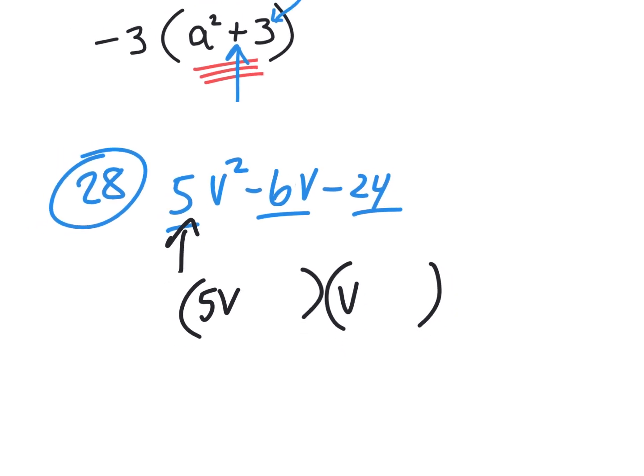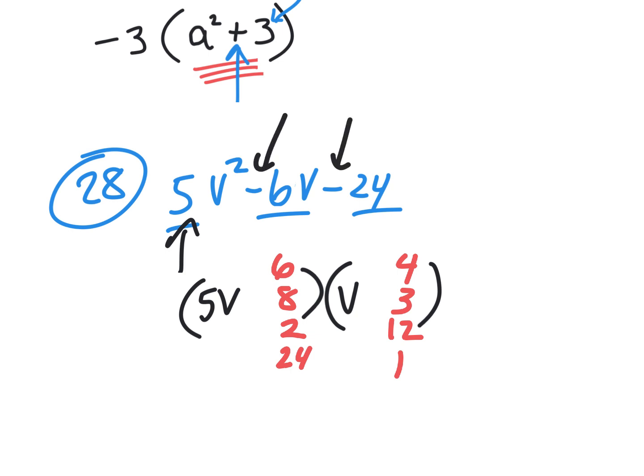I'm going to write them down like this. 6 times 4, 8 times 3, 2 and 12, and 24 and 1.